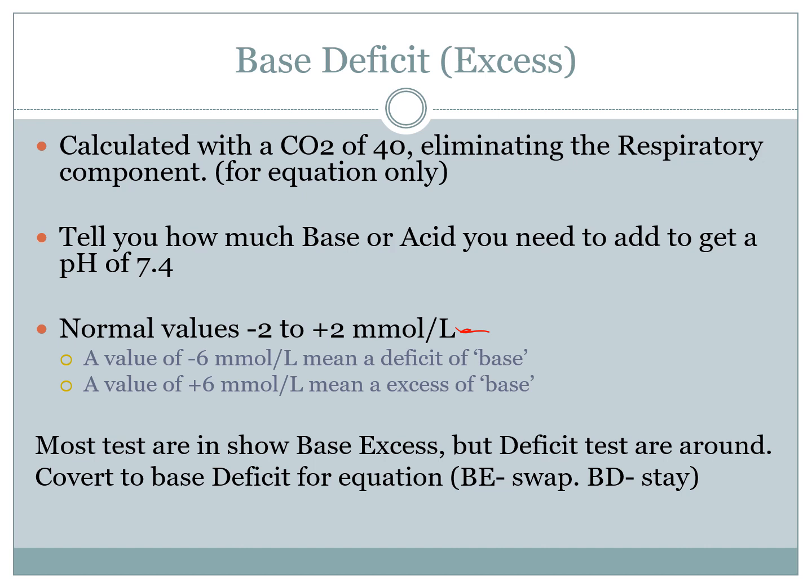So the way we get a base excess is the machine that's doing your blood gas analysis will recalculate the numbers based on if your CO2 level was normal.